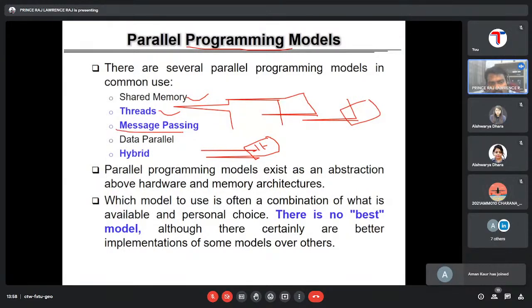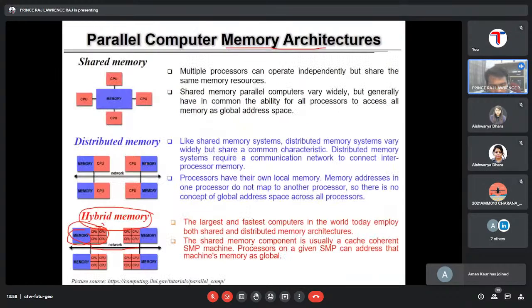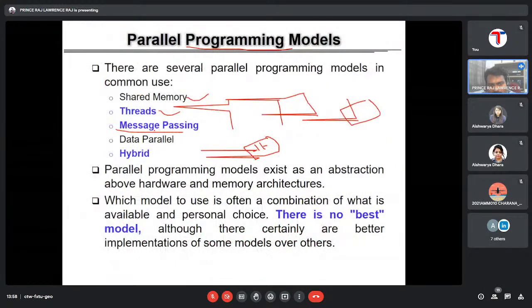Then message passing is the next method, between processors. For example, this CPU will communicate with this CPU. How? That is by the message passing interface. Data parallel is, as I said, used for big data, where we are in aerospace. We don't use that much in CFD especially. And then the hybrid model, as you see.